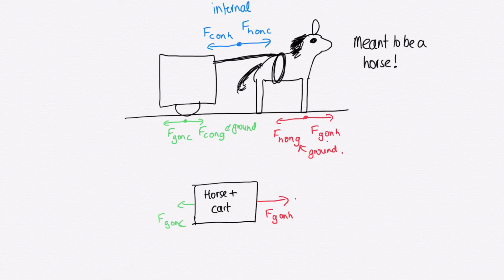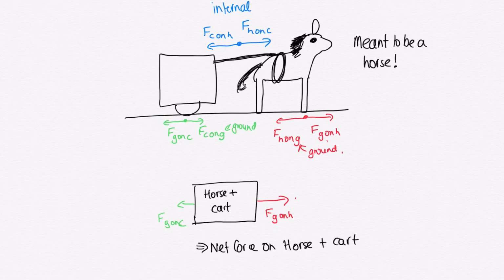So this tells us that there's a net force on the system. And so the net force is equal to the force of the ground on horse minus the force of the ground on cart. And so you can see that's going to be equal to a little force like that.